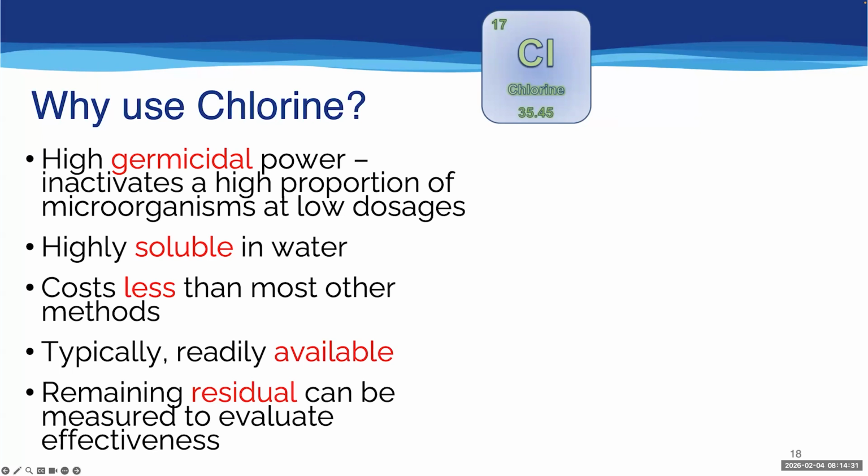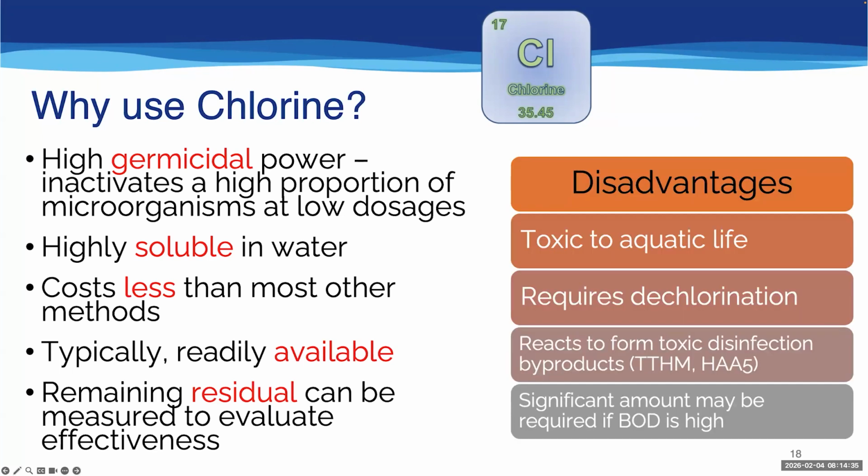That being said, despite all of these advantages, there are some significant disadvantages as well. The main one being that chlorine is toxic to aquatic life. So it requires dechlorination. If you're putting chlorine into the stream in order to disinfect before you release the water back out into nature, you have to deal with the chlorine. You have to dechlorinate, and we'll talk about that process in a little bit as well. Also, if it sticks around long enough, you can have it form toxic byproducts like TTHMs and HAA5.